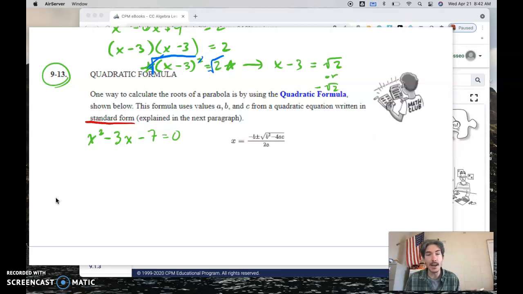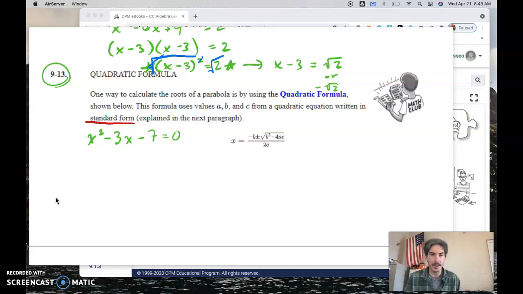Then we need to identify a, b, and c. Now a, b, and c go in alphabetical order. The a is the number in front of the x squared. The b is the number in front of the x. And finally, the c, for constant, is our non-x term, our term without a variable. Again, in standard form, it's got to be equal to 0.